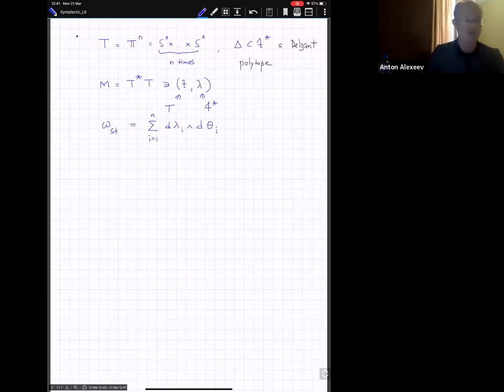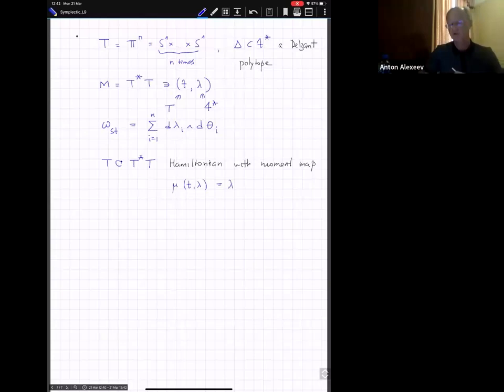Maybe theta is already overloaded, but what to do? So it has a T action which is Hamiltonian, with moment map mu of (t, lambda) equal to lambda.